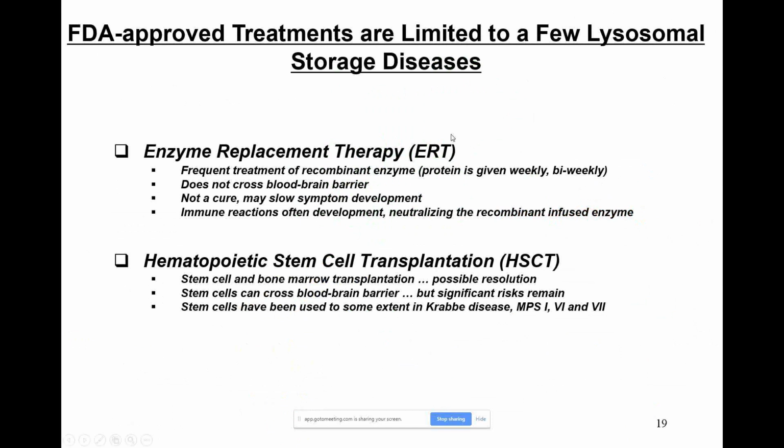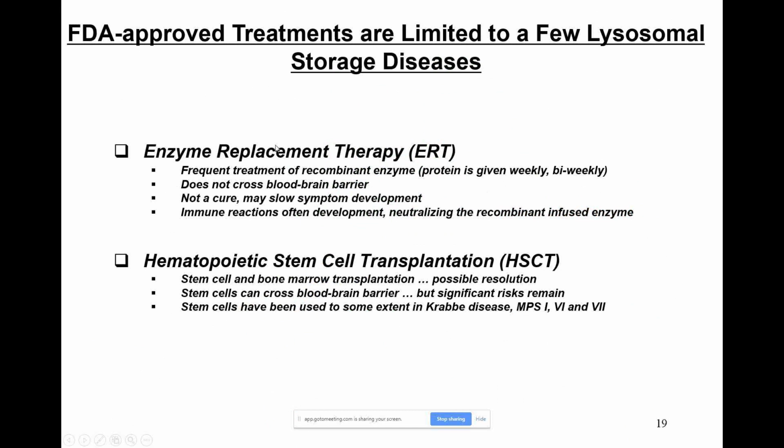Enzyme replacement therapy was first carried out in clinical trials back in 1973, but it wasn't until 1991 that the first FDA-approved enzyme replacement therapy became available to patients. I'll go into that in a little bit, but what's happening here is patients are given the recombinant enzyme that they're deficient in, and this occurs by intravenous infusion, typically every 2 weeks.